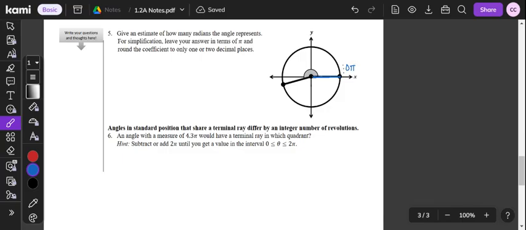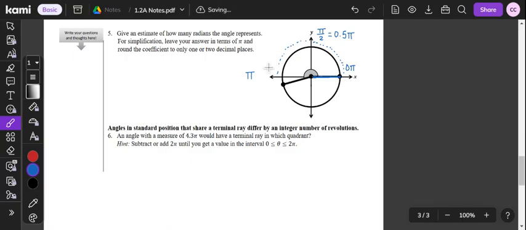If I were to go a little bit around the circle until I got a quarter of the way through, I know, because I just figured this out on the previous page, a quarter of the way around is pi over 2 radians, or this is 0.5 pi if we're going to use a decimal. If I keep going until I'm halfway around the circle, now I'm at pi radians.